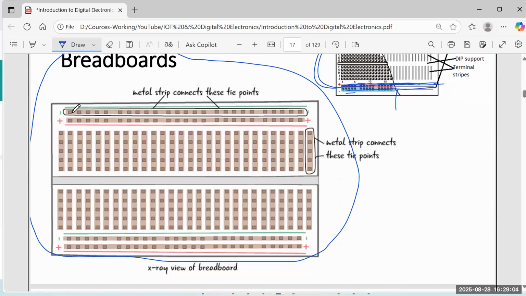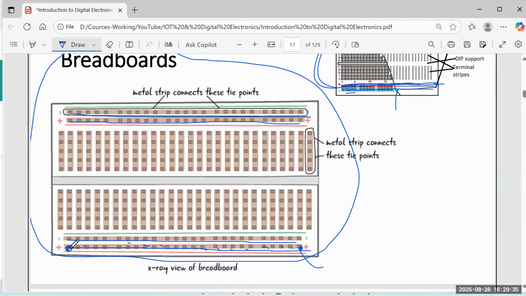So these are connected like this. This line is separately connected, but these two lines are not connected. And this line is interconnected inside using a copper strip, and these holes are interconnected. So if you give electricity to this hole, all these holes in this line have electricity.